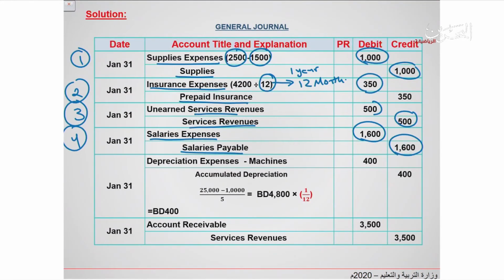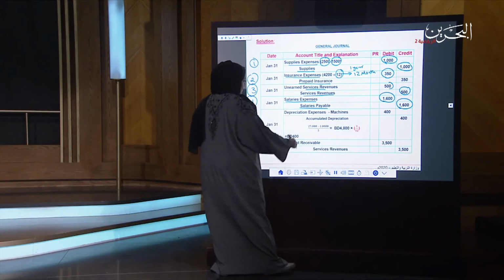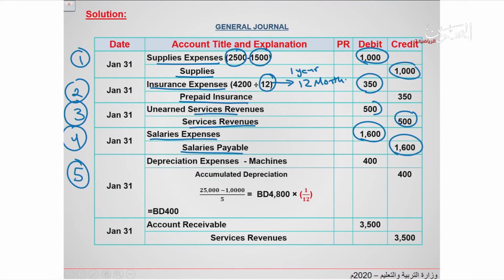For transaction 5, I put depreciation expense and accumulated depreciation, equipment. So 25,000 is the original cost, 1,000 is the salvage value, and 5 is the useful life. And we get 4,800.